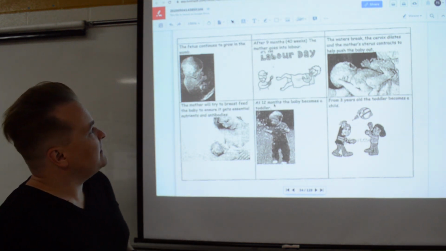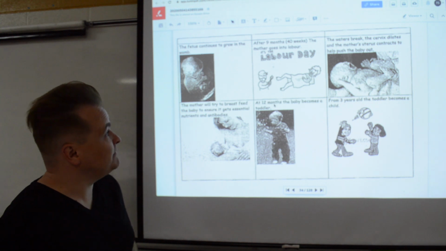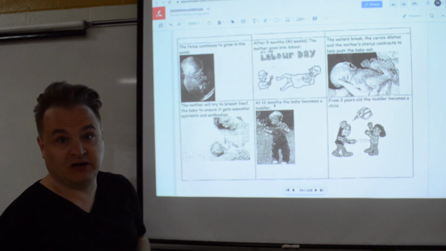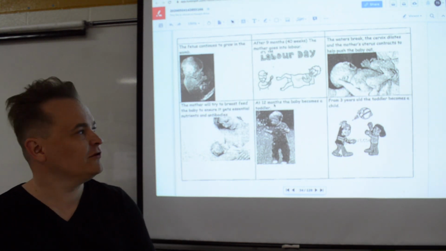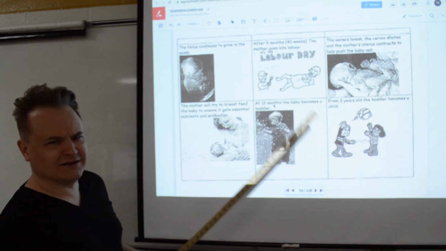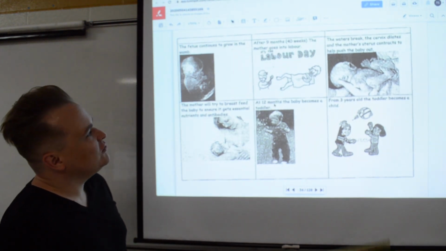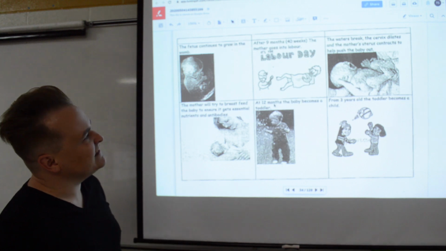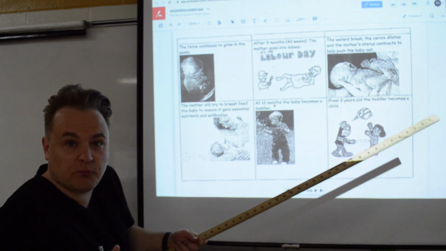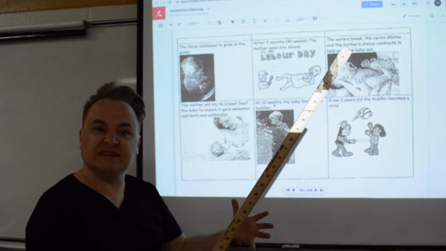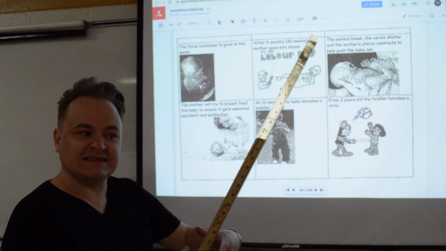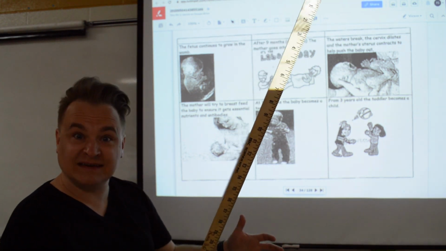Now, after 9 months or 40 weeks, the mother goes into labor. It's called Labor Day, or your birthday if you're the child, right? Great illustration. The water breaks, the cervix dilates, and the mother's uterus contracts to push out the baby. So the uterus that was holding the baby, the sac that was protecting the baby breaks.